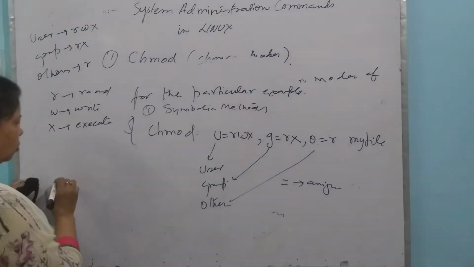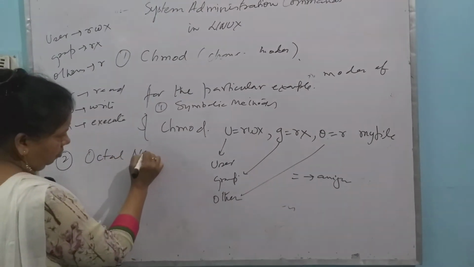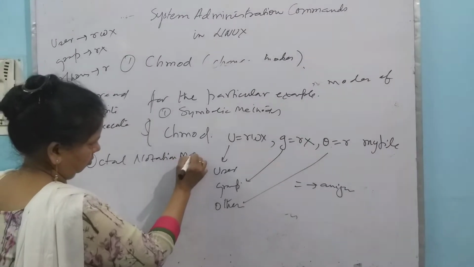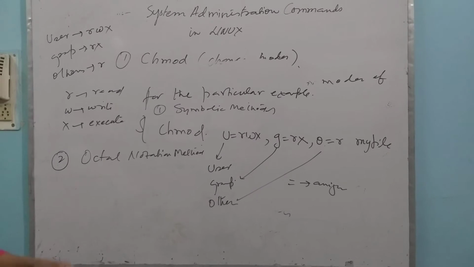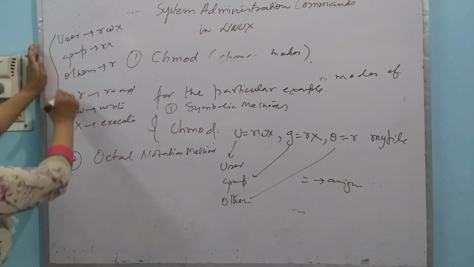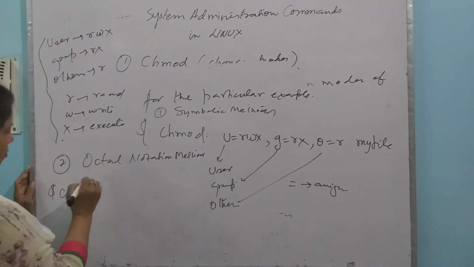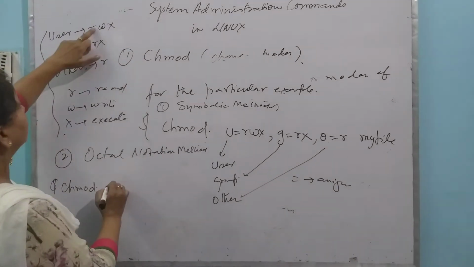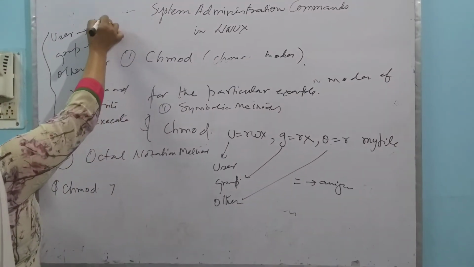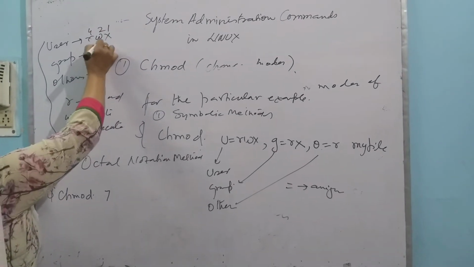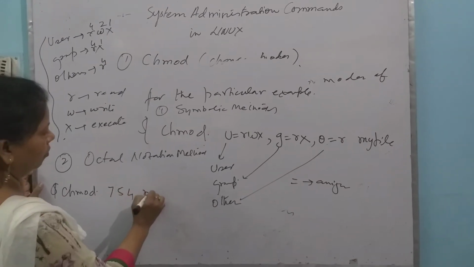Now the next one is the octal notation method. In octal notation method, for the previous example, if we want this, then the chmod will be 754 my file.